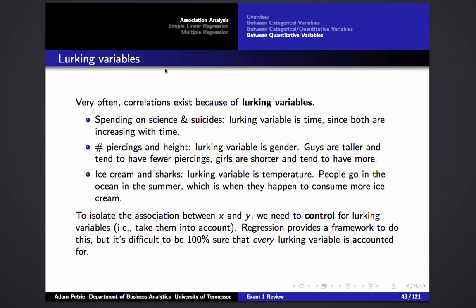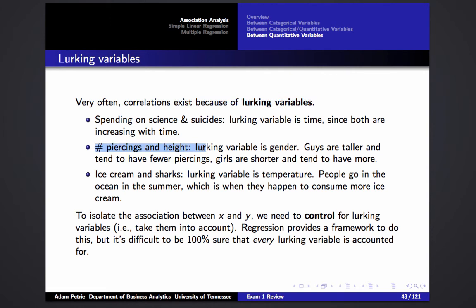All right, and that was one of the key reasons why we're introducing multiple regression: correlations often exist because of lurking variables or something else that's really driving the positive or negative relationship going on. And so we never want to attribute cause and effect to the reason why we're observing some sort of correlation. So number of piercings and height has a strongly significant correlation.